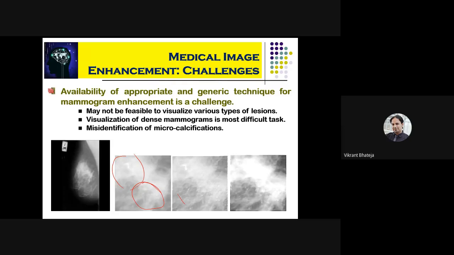Now if you try to apply enhancement to a greater degree, again you see over-brightness has come in this image, which is again affecting it. So detecting masses or tumors is difficult, but detection of microcalcification is much more difficult, because it is generally in the background of dense tissues, or microcalcifications are more prominent in younger women, where the background tissues are generally dense.